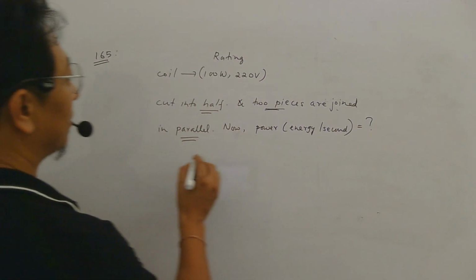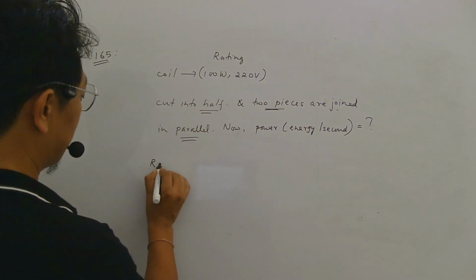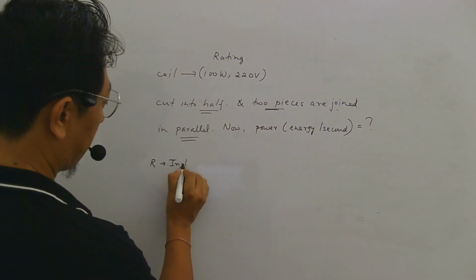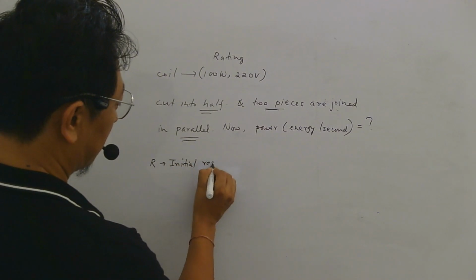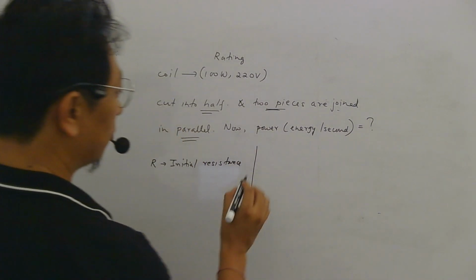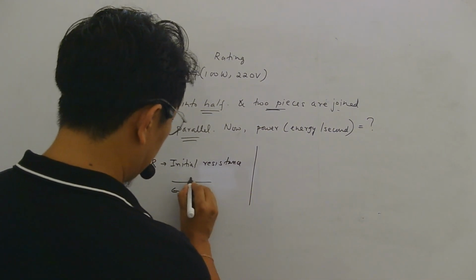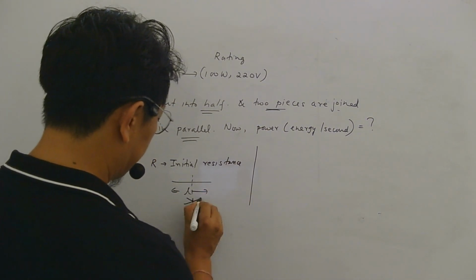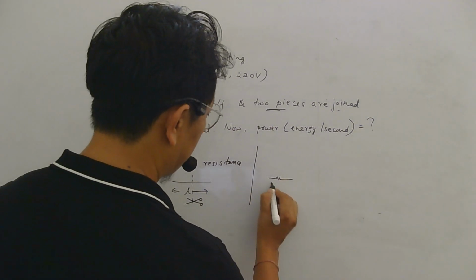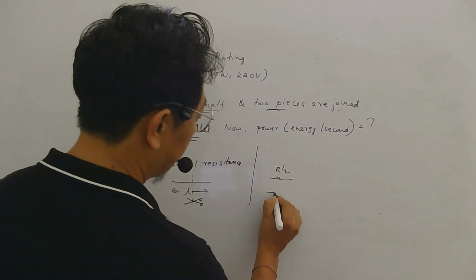So initially, if R was the initial resistance, then when you cut into two parts, this is the wire whose length is L. When you cut into two parts, each part will have resistance now R by 2 because length will be L by 2.